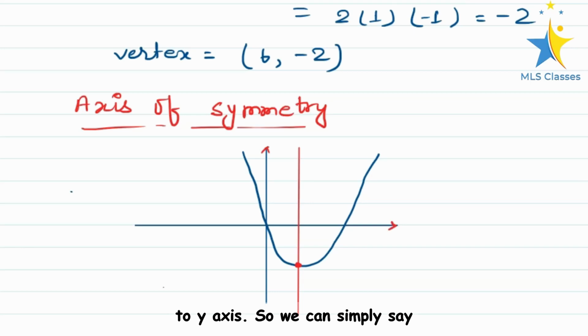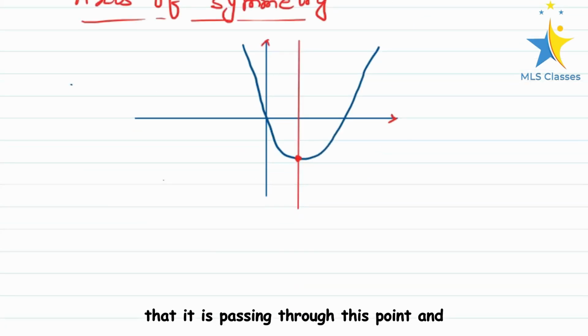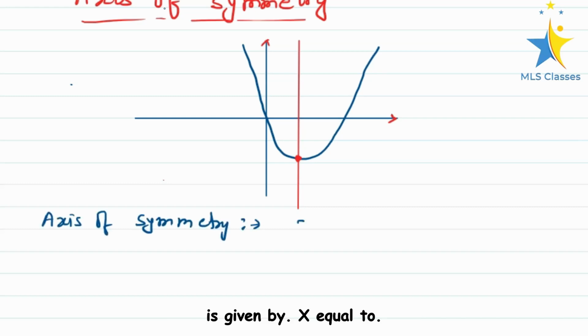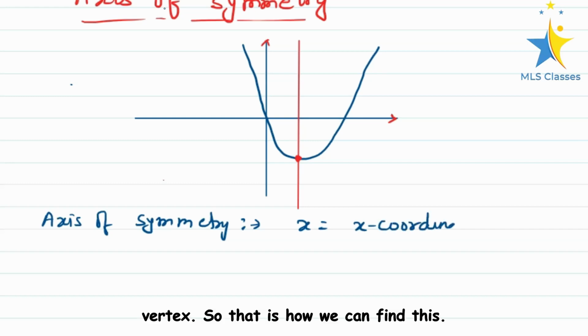So we can simply say that it is passing through this point and parallel to the y axis. So we can say the axis of symmetry is given by x equal to the x coordinate of the vertex. So that is how we can find this.